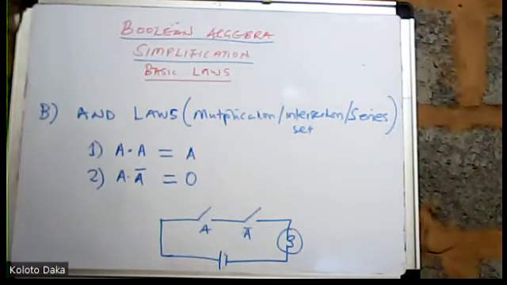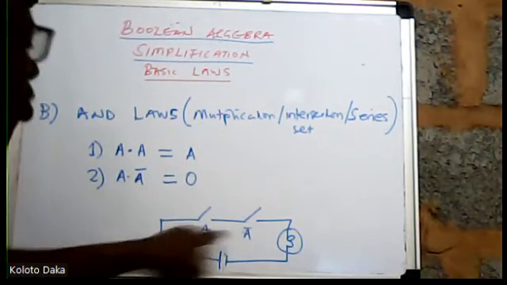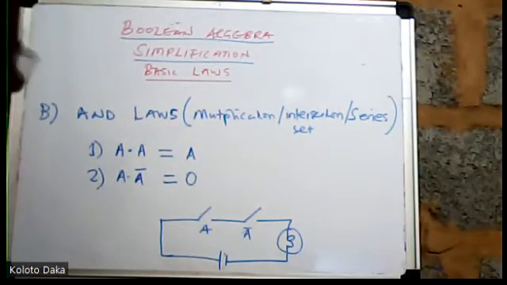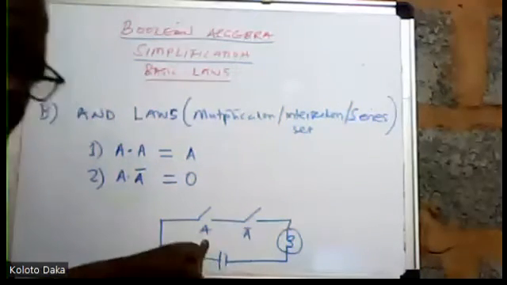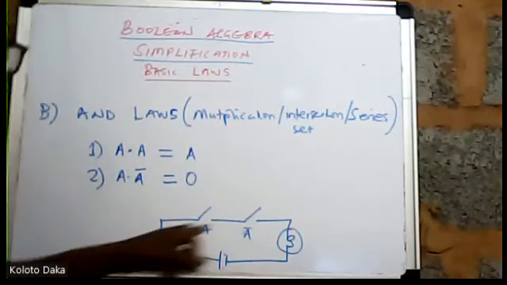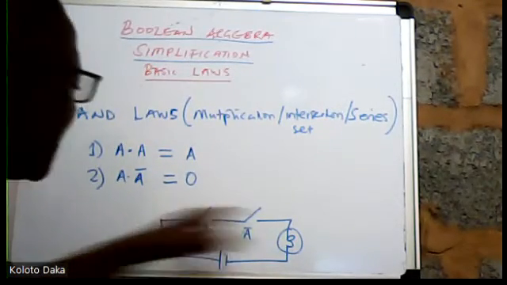Because we are simply saying these 2 cannot be closed at the same time. When this one is closed, this one is open. When this one is open, this one is closed. And they are in series.